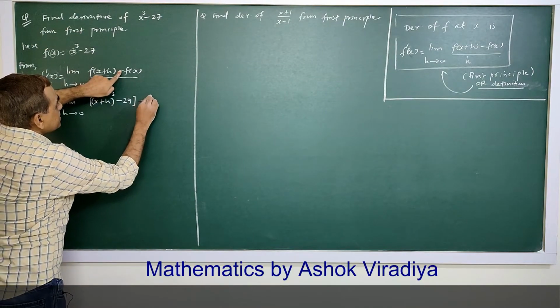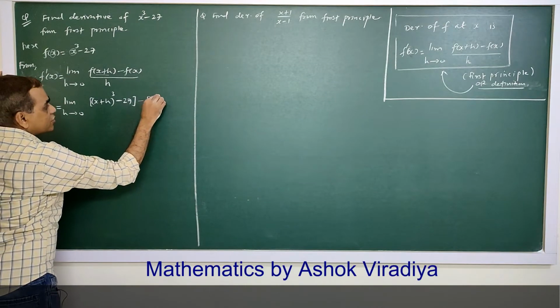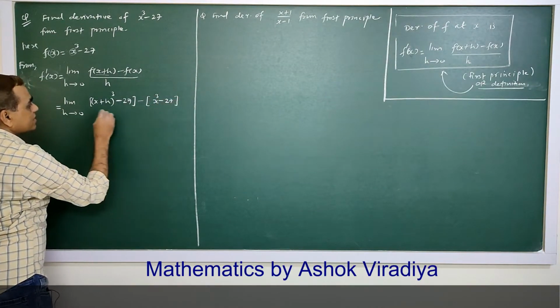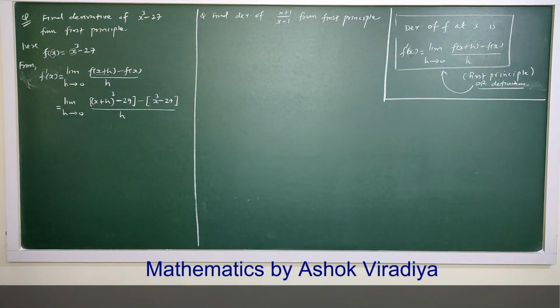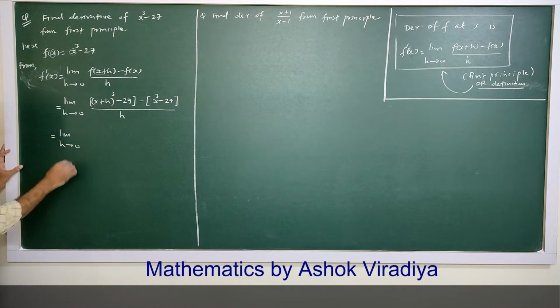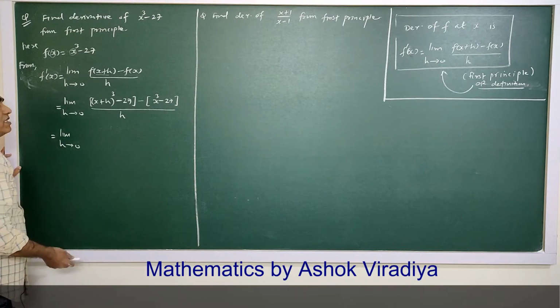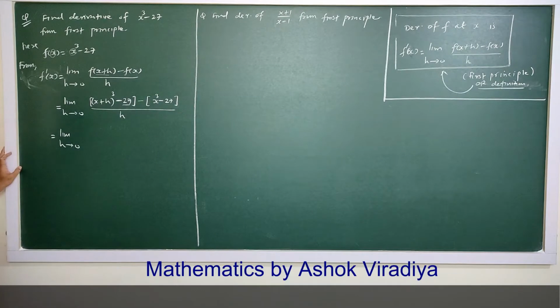Then minus fx. Fx is x cube minus 27 upon h. Then this is limit h tends to 0. Now see, here this minus 27 and this plus 27 will be cancelled.